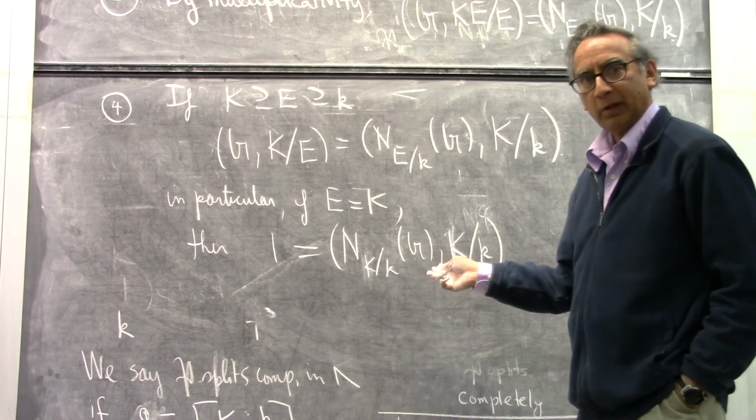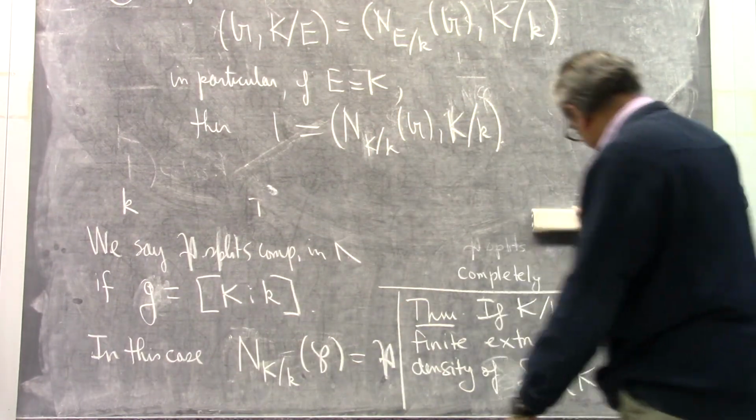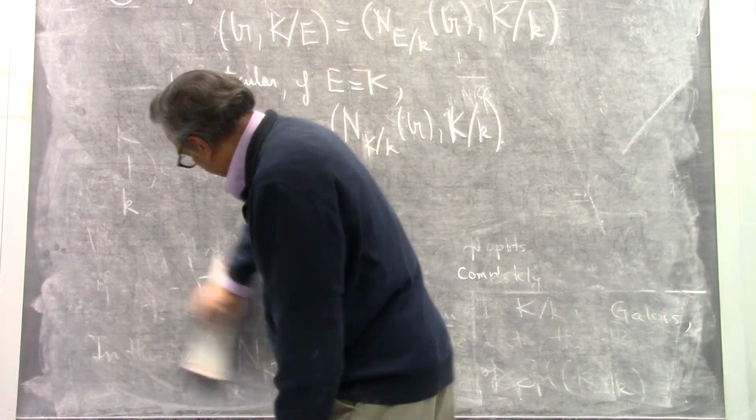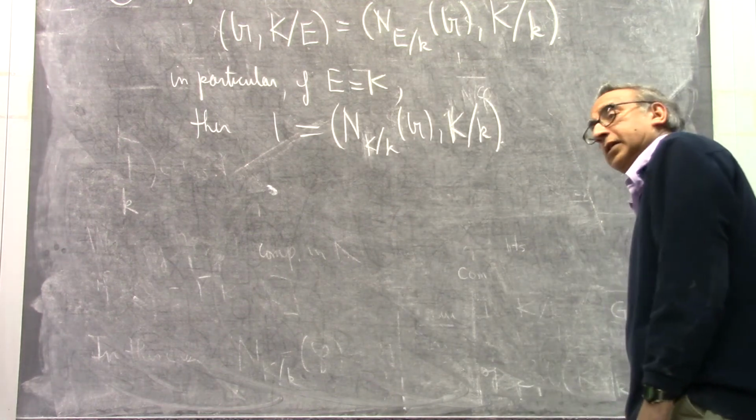Very important property. So all the norms of ideals, which are coprime to the different, are contained in the kernel of the Artin map.